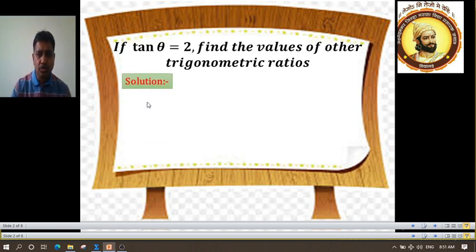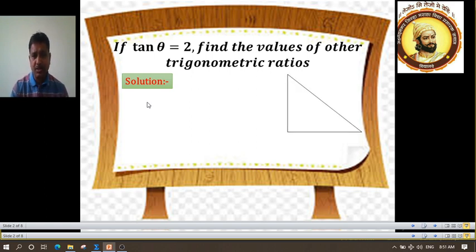Now consider the solution. Today we are going to study this example by using the definitions of trigonometric ratios and by Pythagoras theorem.